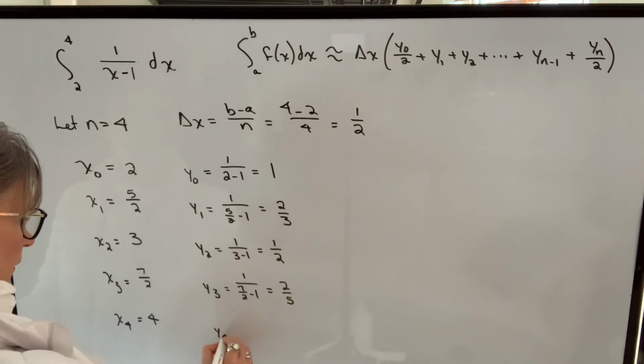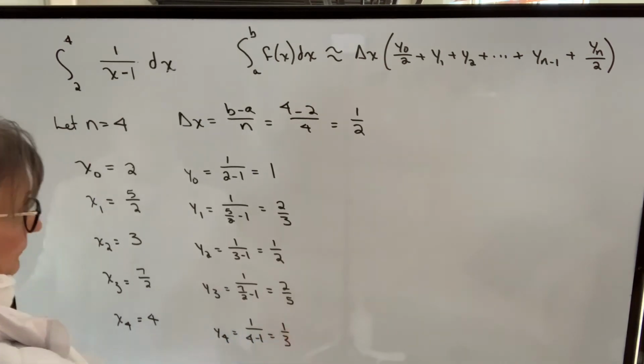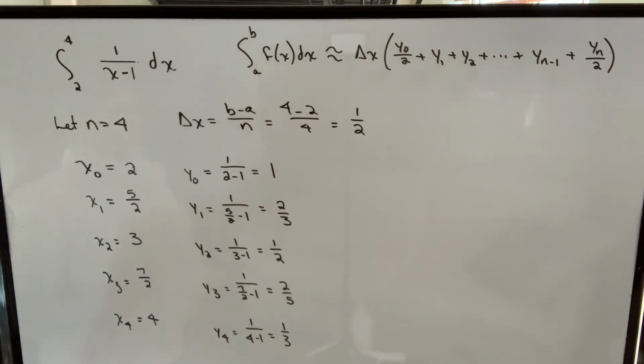And y4 will equal 1 over 4 minus 1, which is 1/3. Those are my y values. There's my delta x. Now I can plug into my formula.